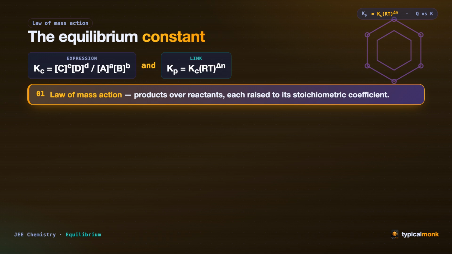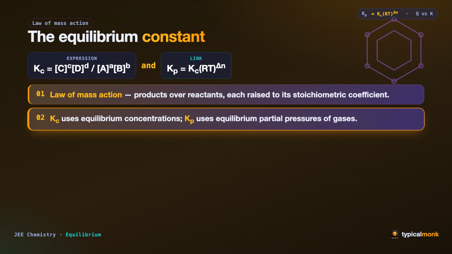Now let us read the equilibrium constant in its own language. First, the law of mass action says divide products by reactants, each raised to the power of its own coefficient. This is what we call Kc. Second, Kc is built from concentrations, while Kp is built from the partial pressures of the gases.